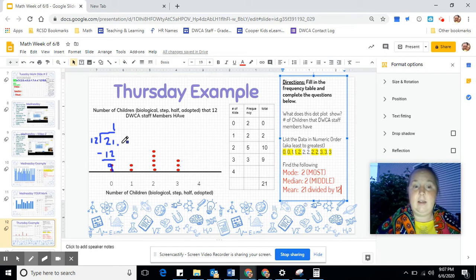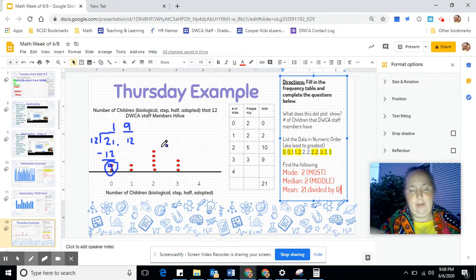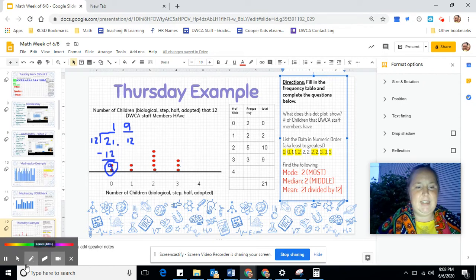So technically you could add a decimal, or because we're in 6th grade and we know that this is a fraction now, we know the remainder is going to be 9 twelfths. So the average looks like 1 and 9 twelfths children. So I'm going to write that down.